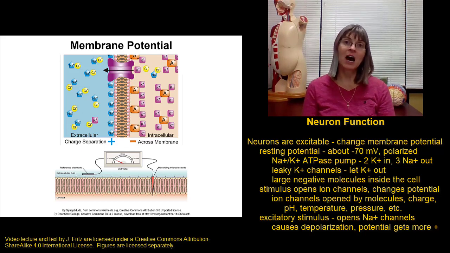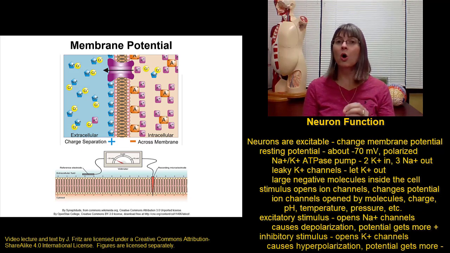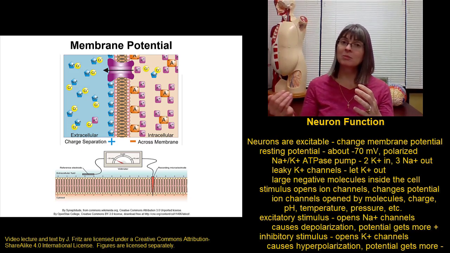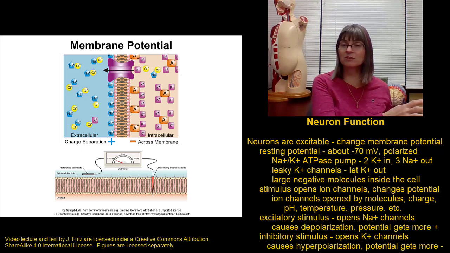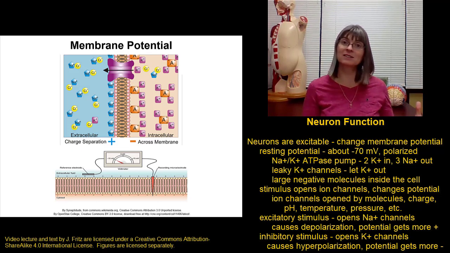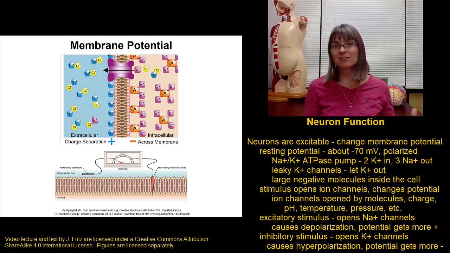Some stimuli are inhibitory. Inhibitory stimuli open potassium channels in the neuron membrane. When we open potassium channels, potassium will rush out of the cell. That's more positives moving to the outside and fewer positives inside. That makes the inside of the cell even more negative than it was before.